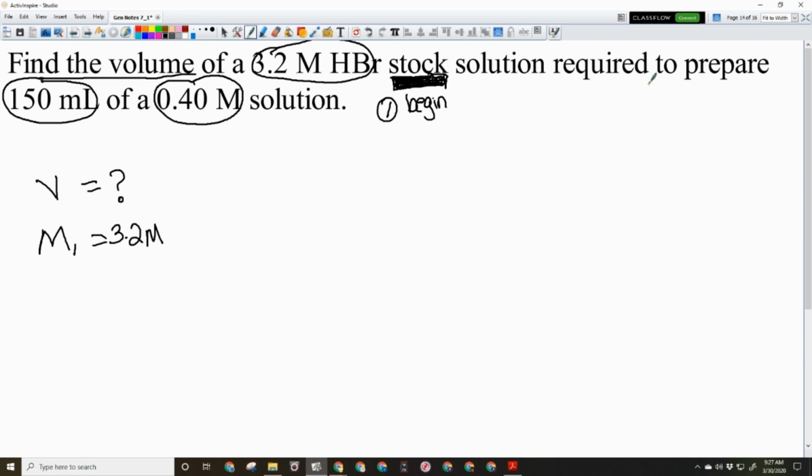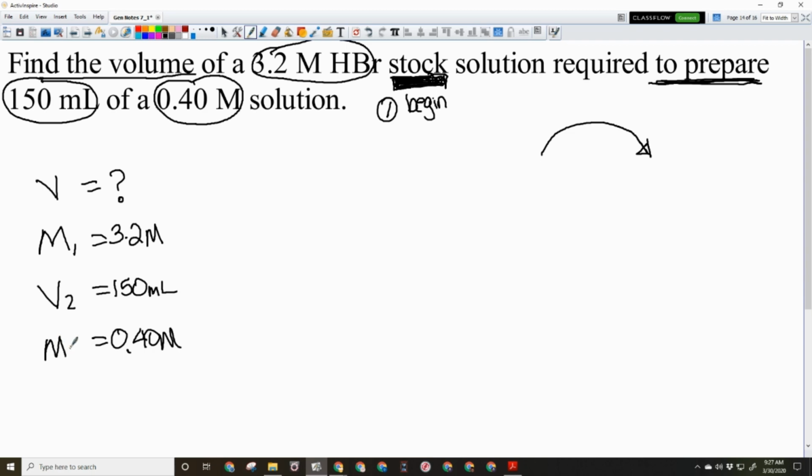Required to prepare. All right, so this is a future. This is to prepare. That's future tense. A 150 milliliters. Okay, so that's going to be a V2 because it's something that's going to happen in the future. We're going to prepare this. And 0.40 molar.